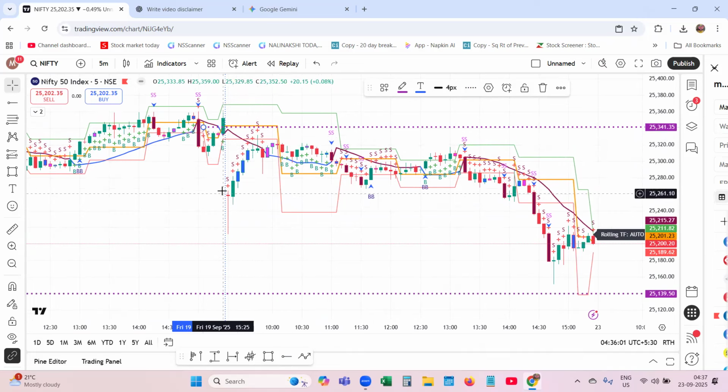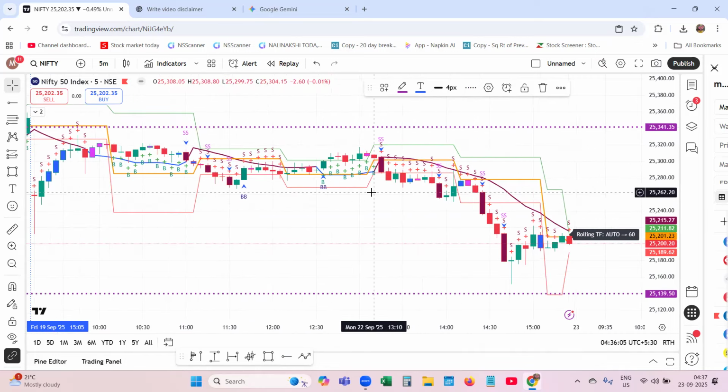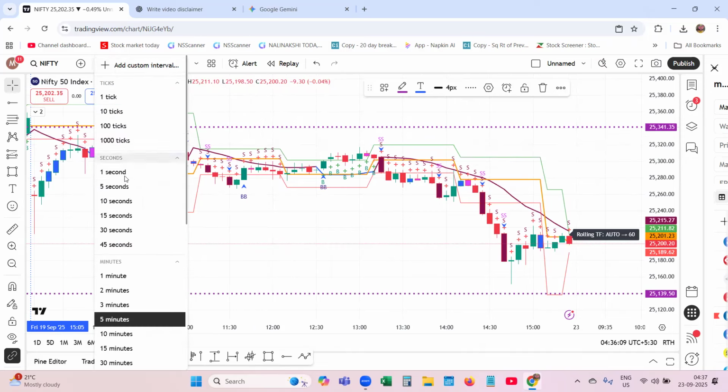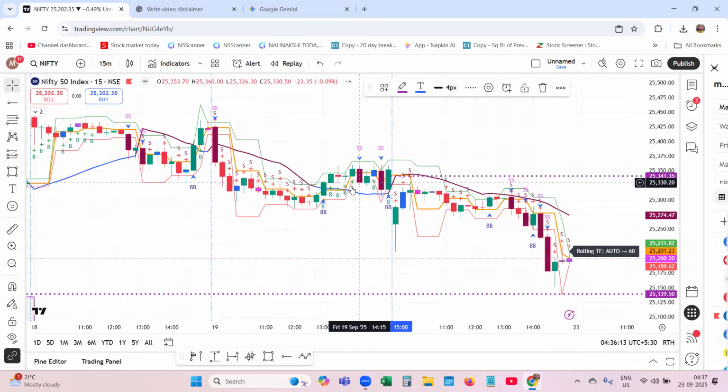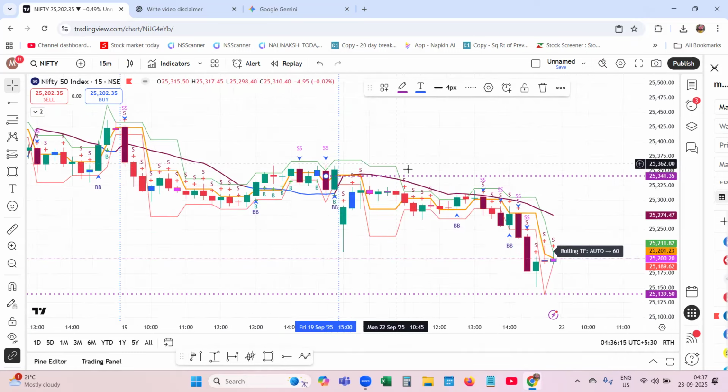Throughout the day, the market went sideways, and my indicator was telling you, if I change it to the 15 minutes time frame, the indicator never showed you buy. It was a sell.